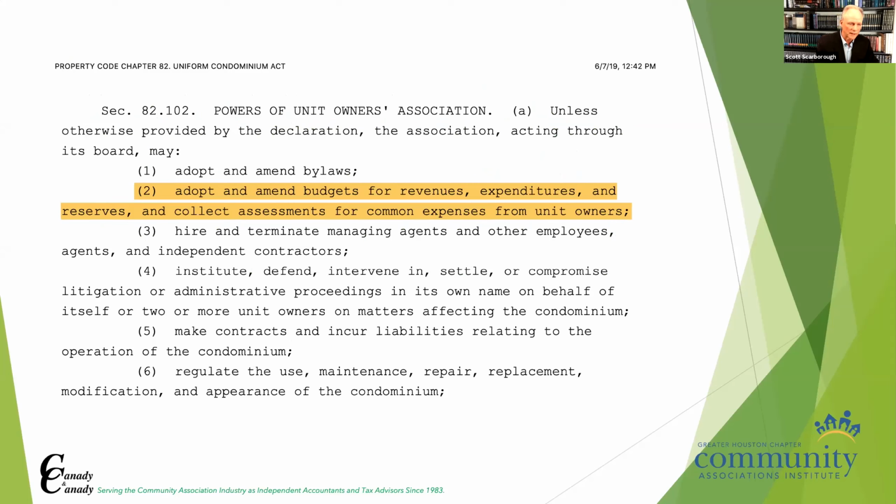If we look at the Texas Condo Act, it is the association's responsibility to adopt a budget for revenues, expenditures, and reserves, and collect assessments for the common expenses. And during the year, because you can't always predict everything perfectly, it's also the responsibility of the board to amend that budget from time to time.